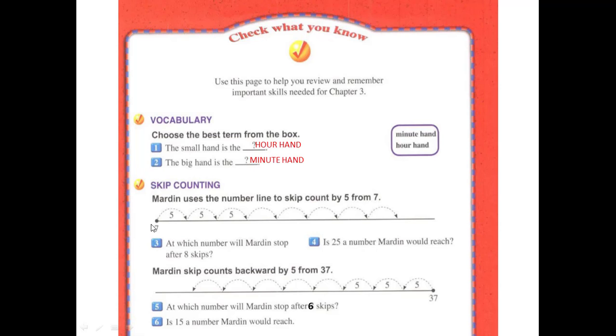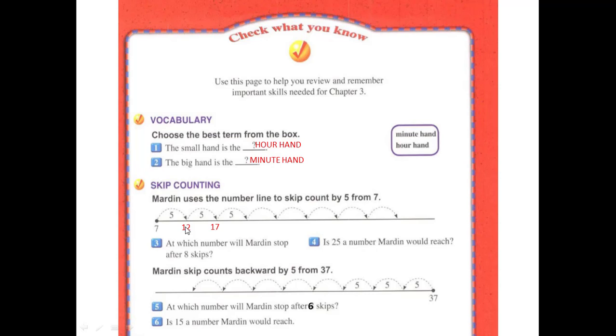Okay. Guys, here we have Mardin uses the number line to skip count by 5. That means I skip count by 5, like 5, 10, 15. But here I'm going to start from 7. The first number is 7. Then skip count by 5. 7 plus 5 is 12.